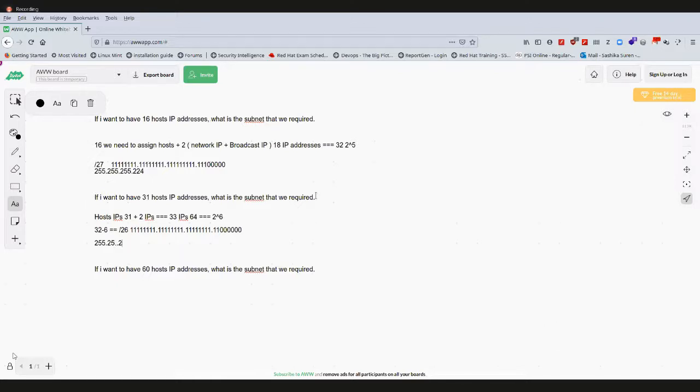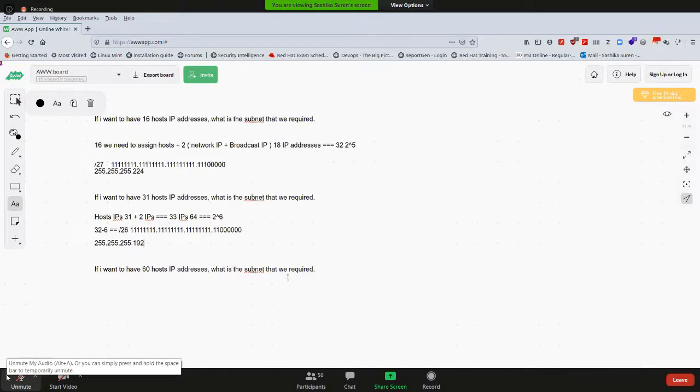255.255.255.192. The last octet is 192. So that is what you require.